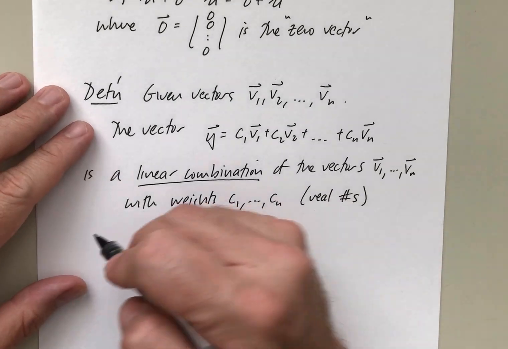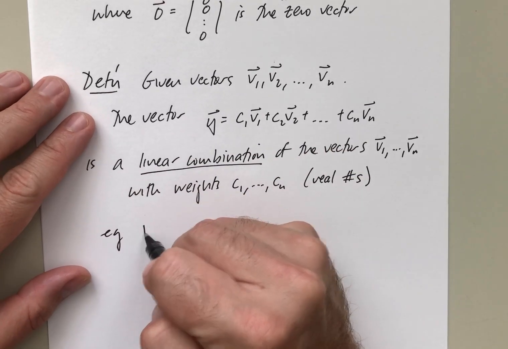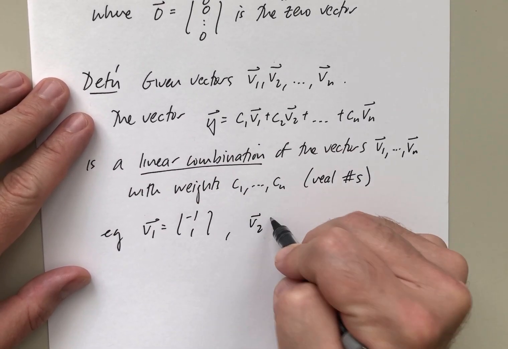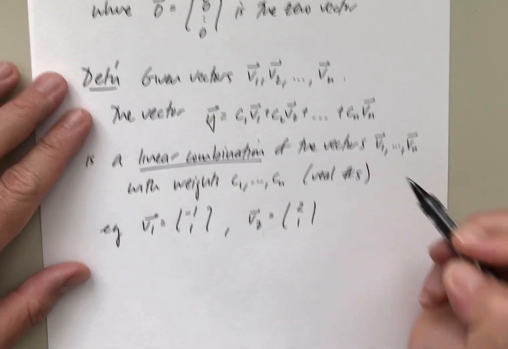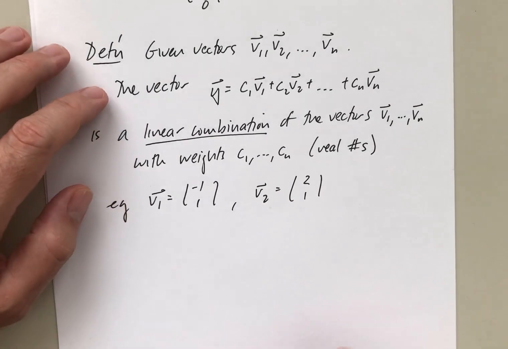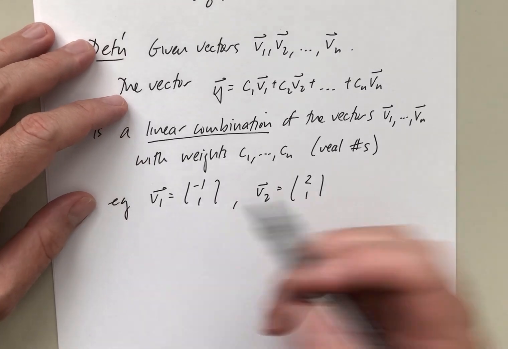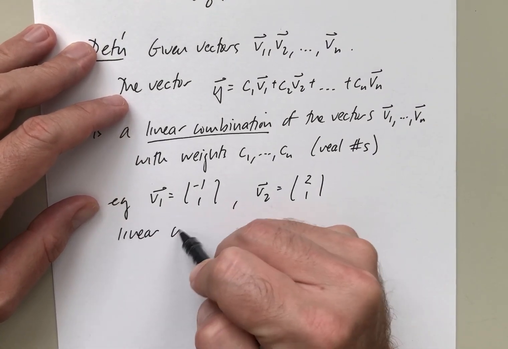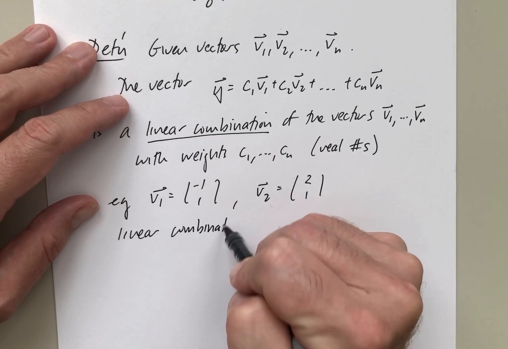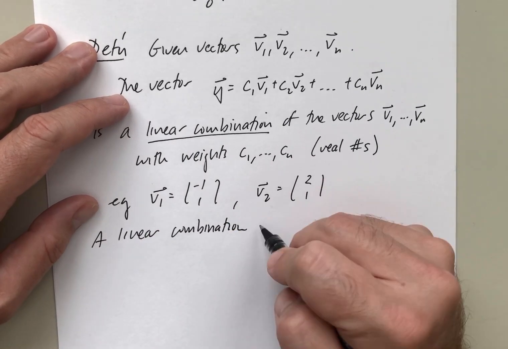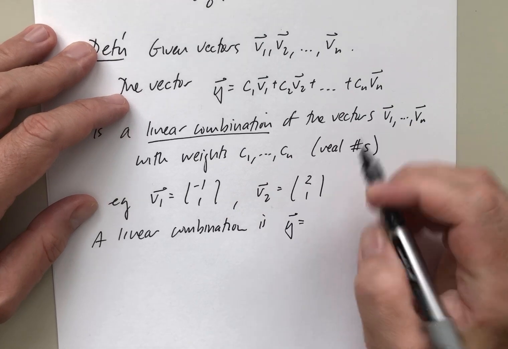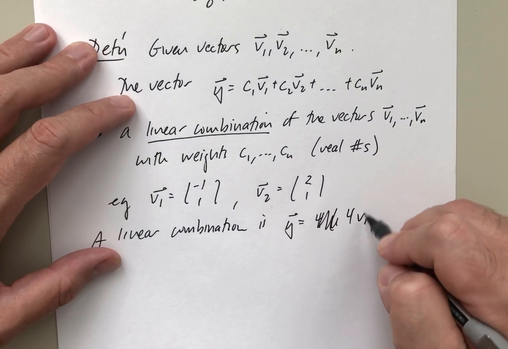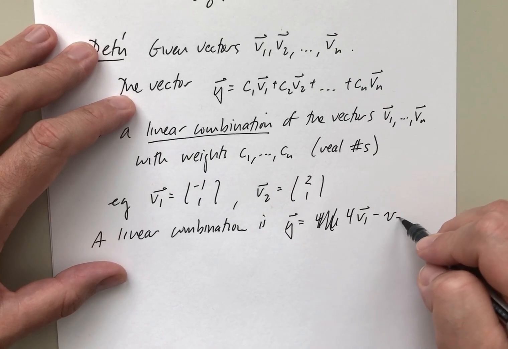So let me give you an example. If v1 is, let's say, (-1, 1) and v2 is (2, 1), what's an example of a linear combination? Let's say y is 4v1 minus v2.